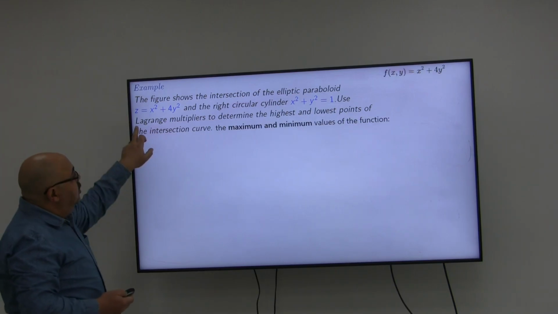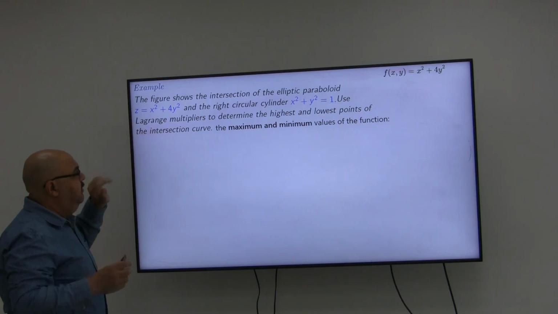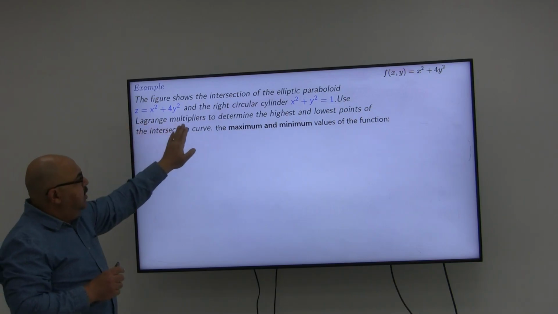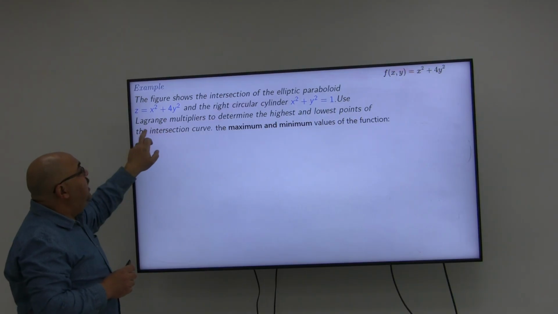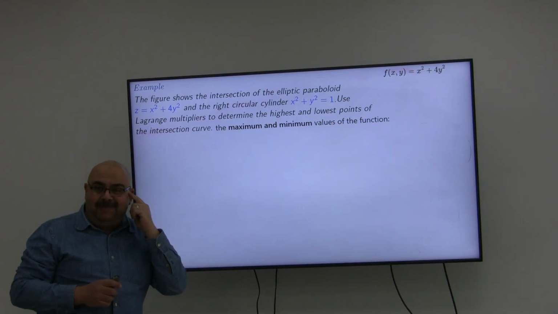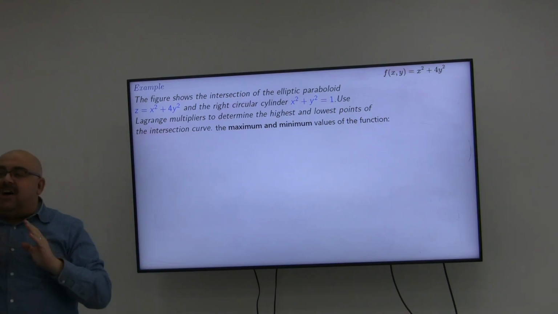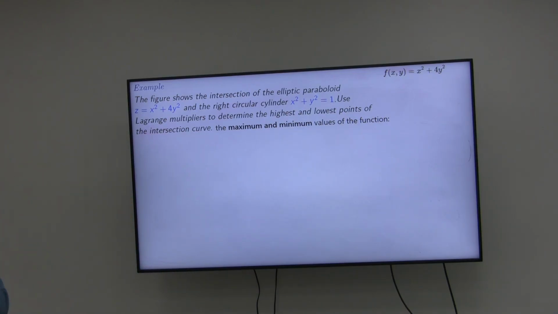So he wants you to use Lagrange multipliers, to determine the highest and lowest points of the intersection curve. Remark: he is gathering in this problem your knowledge about the surfaces and the intersection, which is probably a curve.